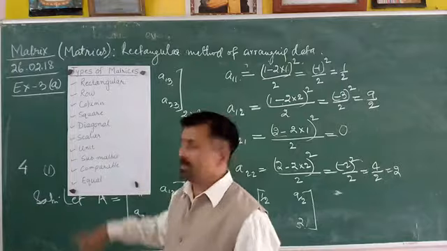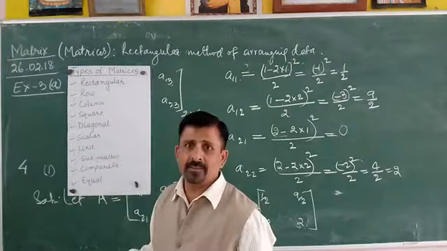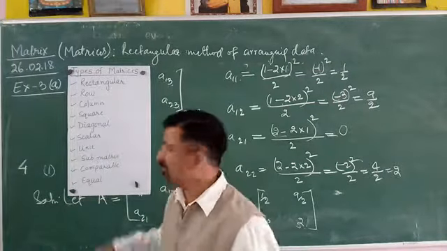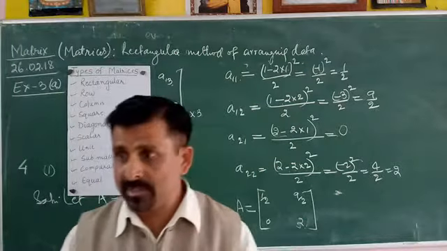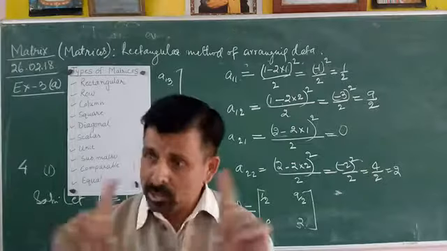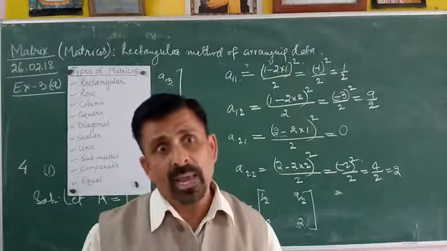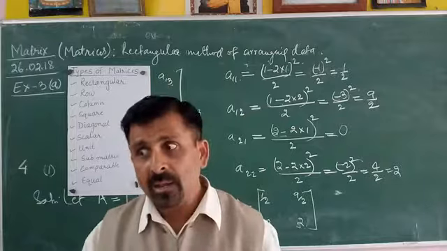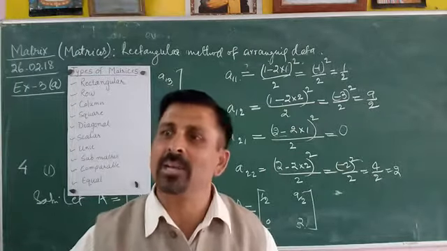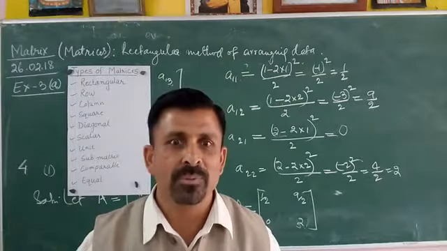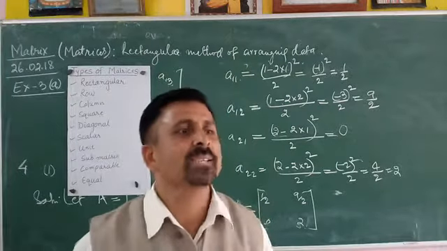Scalar matrix, a close relative of diagonal, a very close relative. A scalar matrix is again a square matrix in which the elements along the diagonal are all the same and all the remaining elements are 0. Such a matrix is called a scalar matrix.